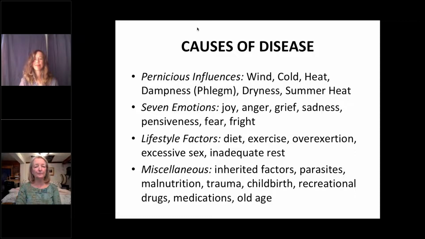So at any rate, there are also miscellaneous causes of disease, and these include inherited factors, parasites, malnutrition, trauma, childbirth. And by childbirth, what is meant is birthing too many children for your body's capacity. So again, depending on your inherited energy, conceiving, carrying, and birthing a child takes a lot of kidney adrenal energy. If you have strong inherited energy, no problem.